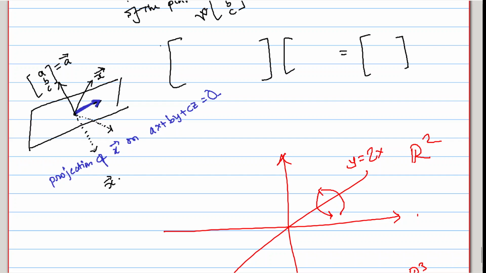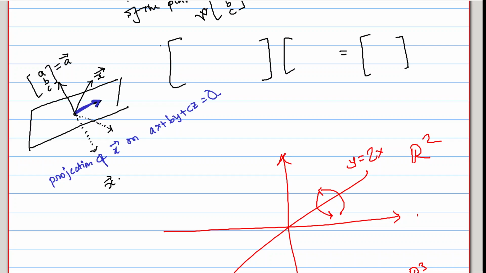I want both direction and magnitude. The projection of vector A on vector B will be vector A dot B cap.